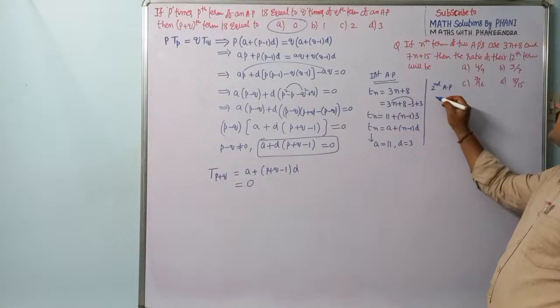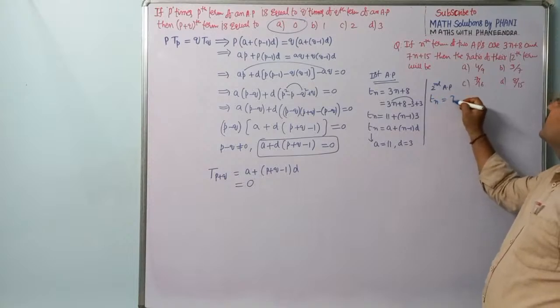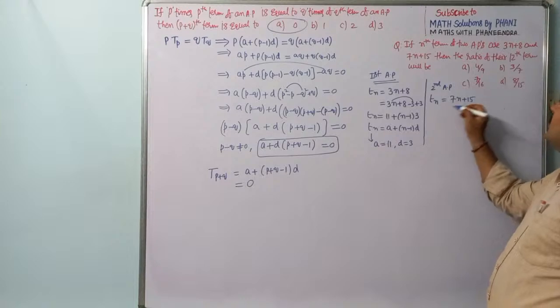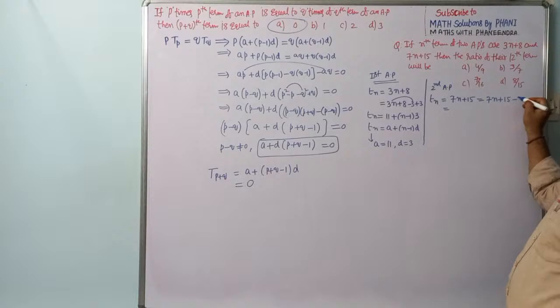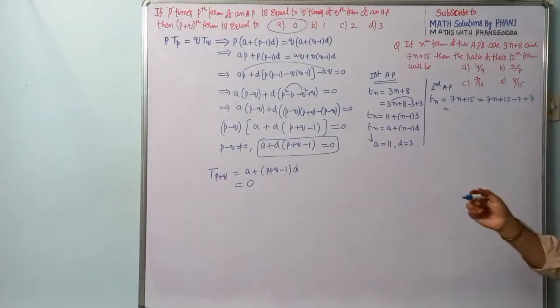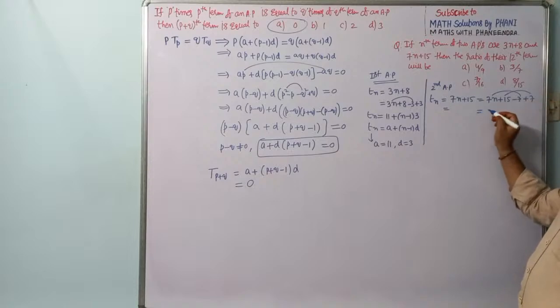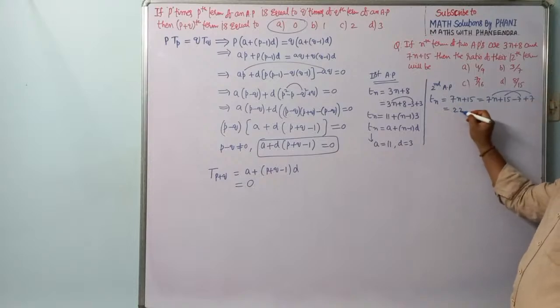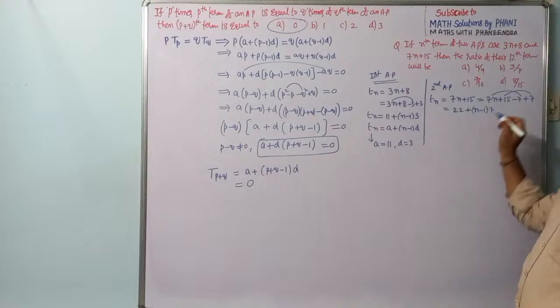Now come to the second AP, whose nth term is 7n plus 15. That also we bring as 7n plus 15 minus 7 plus 7. I already said the logic for this last week. So 15 plus 7 is 22, plus n minus 1 into 7.